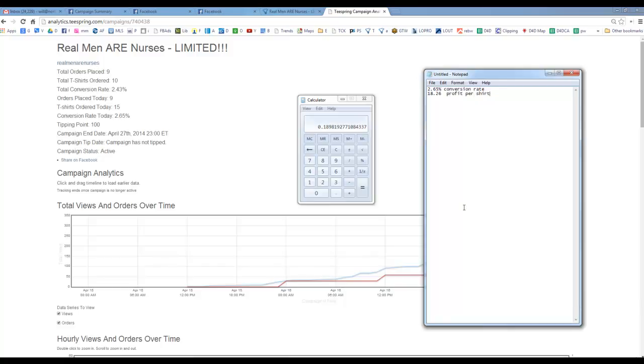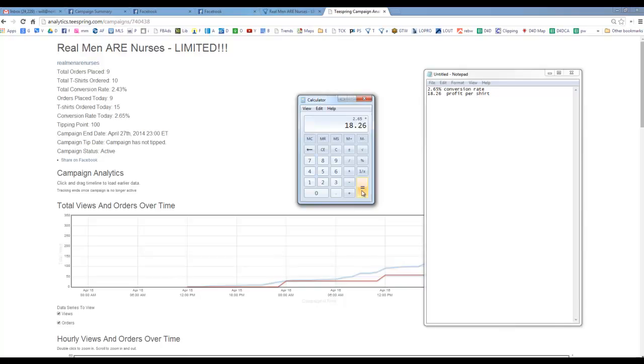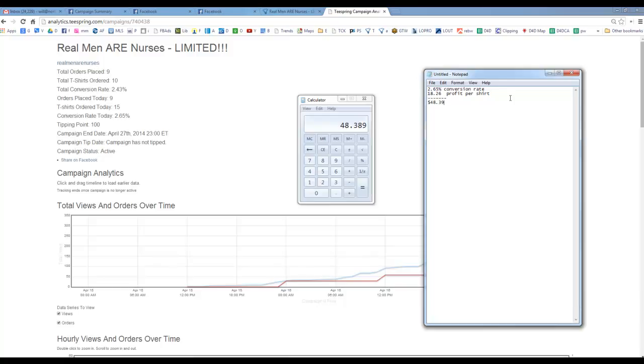And so if we multiply those two, so if we go 2.65 and multiply that by our average profit, $18.26, that gives us a total of $48.39 per 100 clicks to website. Do you get that?